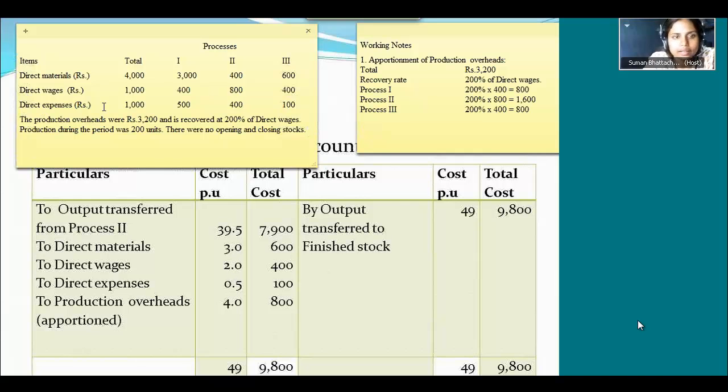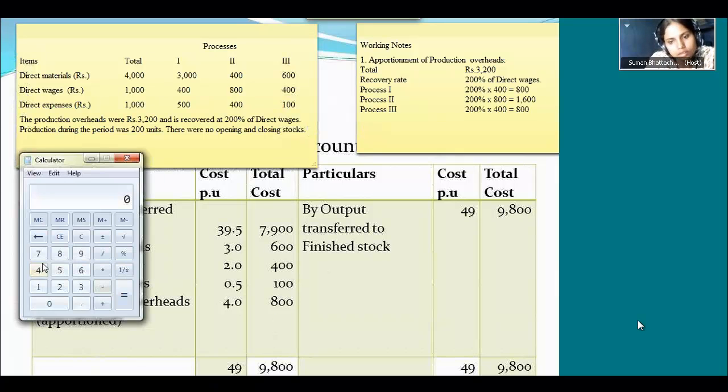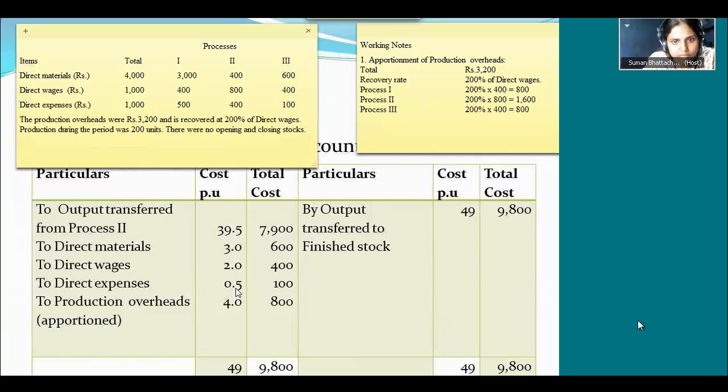Next, direct expenses, how much? 100. So cost per unit will be 100 divided by 200, 50 paise, so cost per unit is 0.5. Next, again production overheads 3,200, and it has to be recovered at 200% of direct wages. In process 3, direct wages is 400.